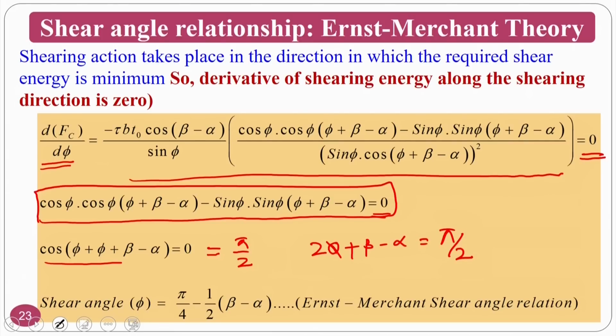So 2 phi equals pi by 2 minus beta plus alpha, and sending the 2 across, it gives phi equals pi by 4 minus 1 by 2 of beta minus alpha. So that is the shearing angle relation.